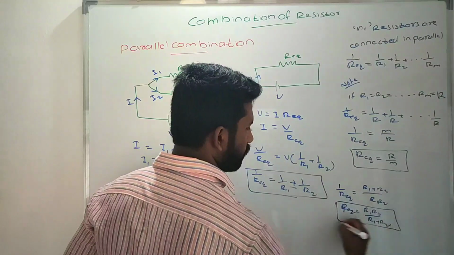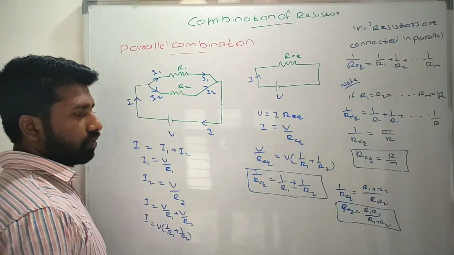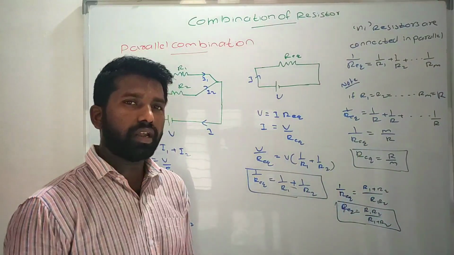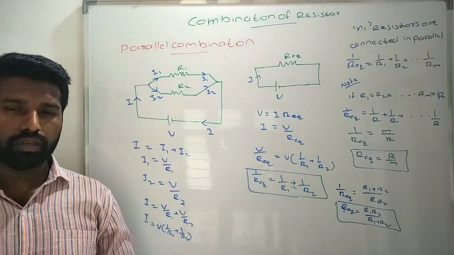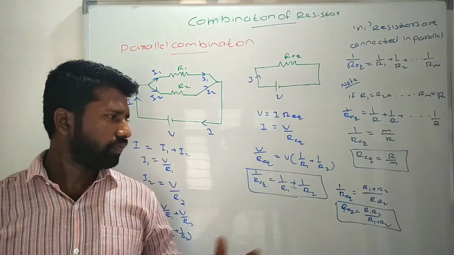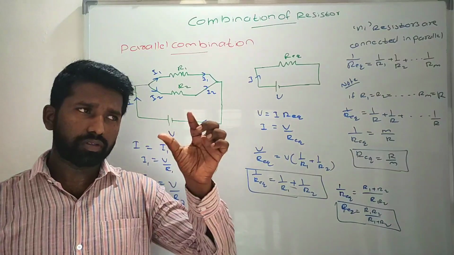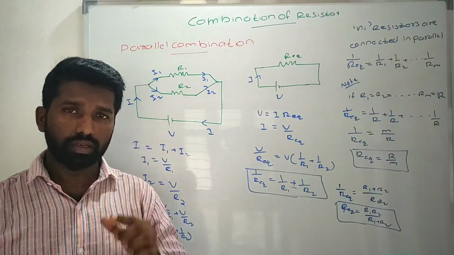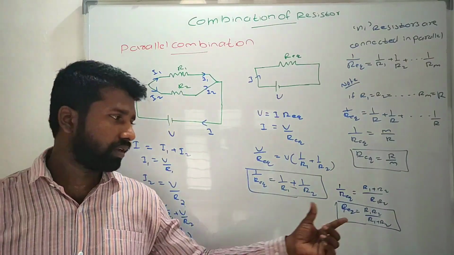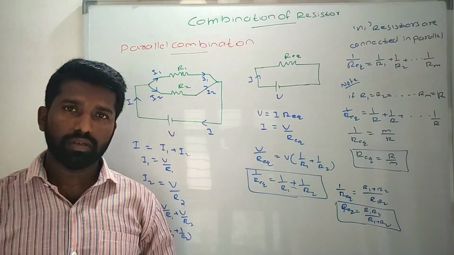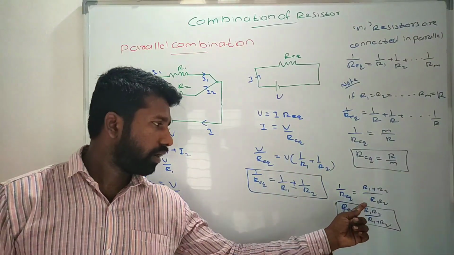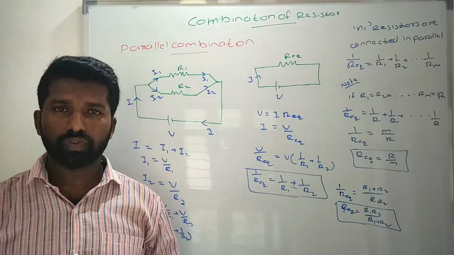Clear? Okay, that's it. By using this equation, we can easily find the equivalent resistance. If a 10 ohm resistor and a 5 ohm resistor are connected in parallel, what is the equivalent resistance? That is equal to 10 into 5 divided by 10 plus 5.